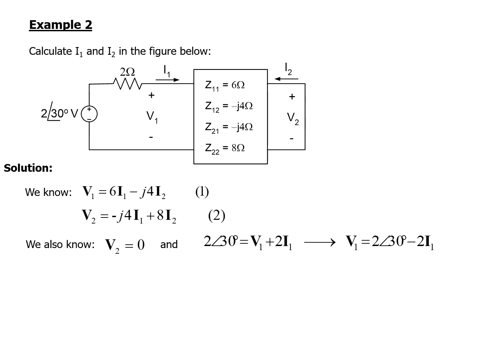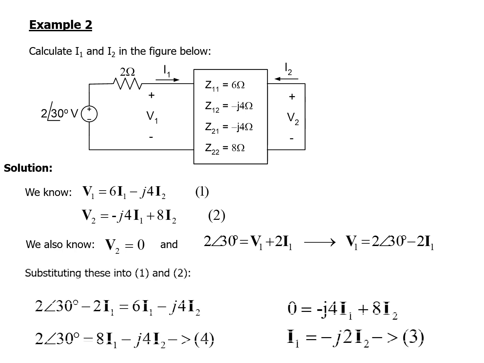We also know that V2 is equal to 0 due to the short circuit, and the voltage 2 angle 30 degrees is equal to V1 added with 2I1 coming from the 2 ohm resistor, with I1 going into the two-port network. So V1 is equal to 2 angle 30 degrees minus 2I1.